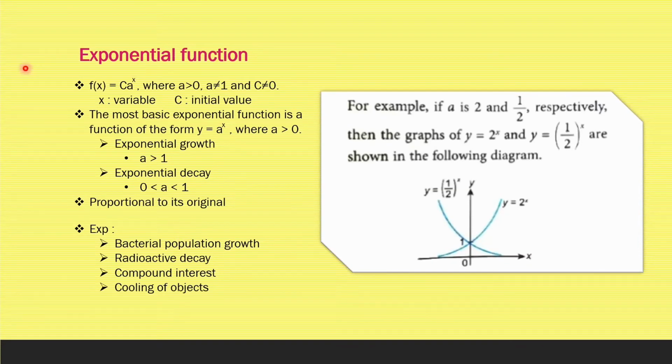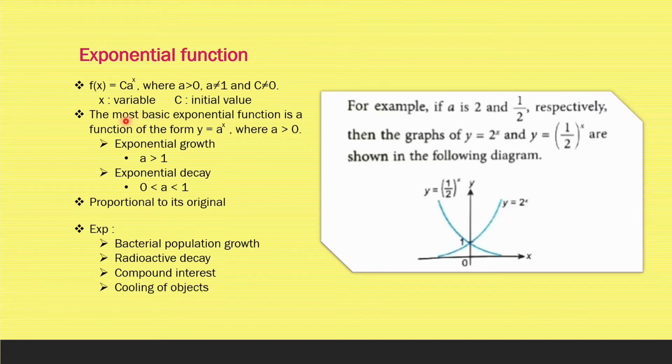The last type of function is the exponential function. An exponential function is a function of the form f(x) equal to c times a to the power of x, where a is larger than 0, a is not equal to 1, and c is not equal to 0. The base a is the growth factor, x is a variable, and c is the initial value.